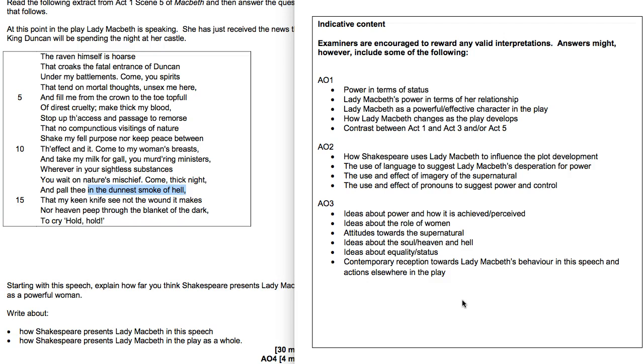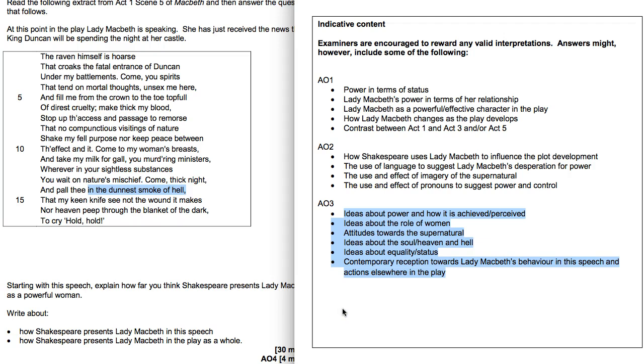The second thing that we've learnt is that the context bullet points are greater than everything else because they allow you to get into the higher bits of the mark scheme. They allow you to be exploratory and conceptualized in your response.